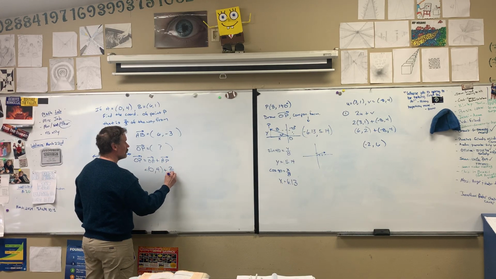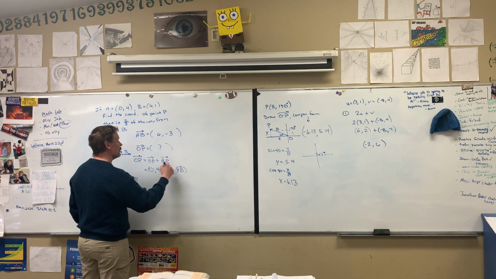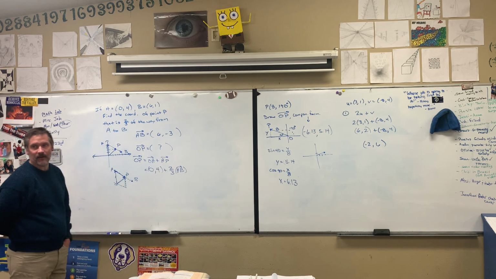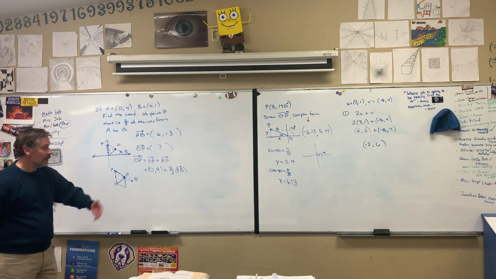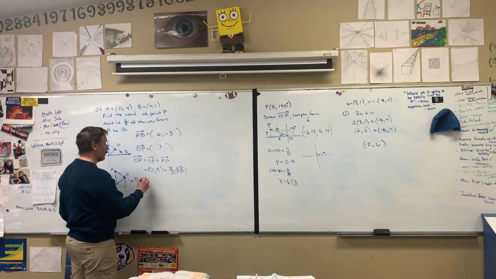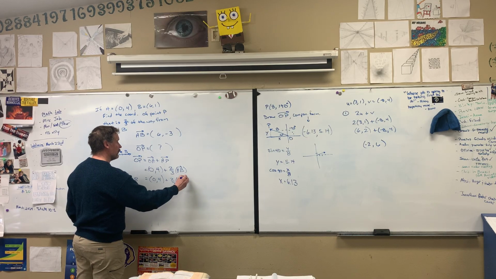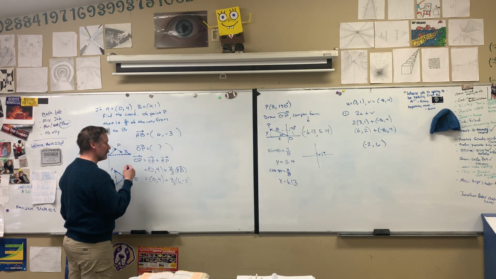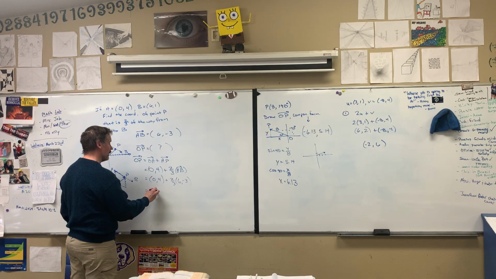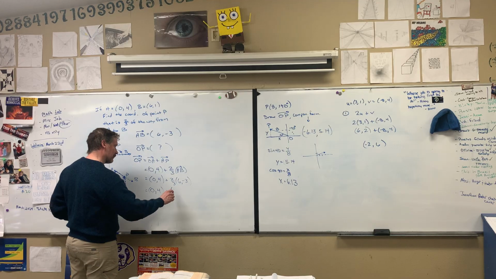So AP is the same thing as 2/3 of AB. You already established AB was (6, negative 3), and so 2/3 distributed in, what do we get? (0, 4) plus 2/3 times 6, 2/3 times negative 3.